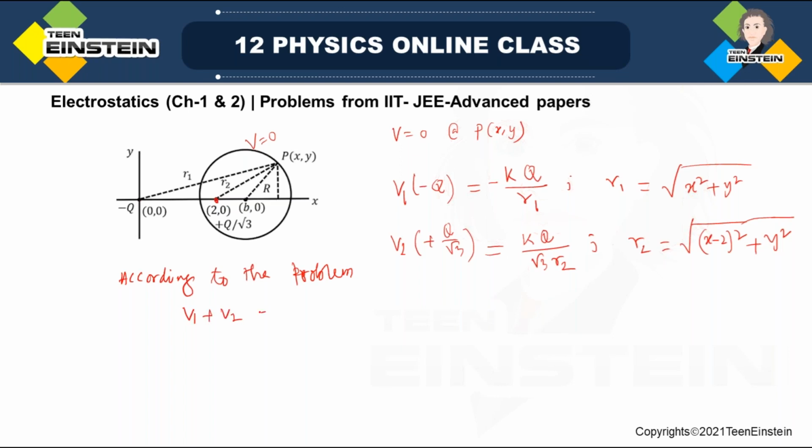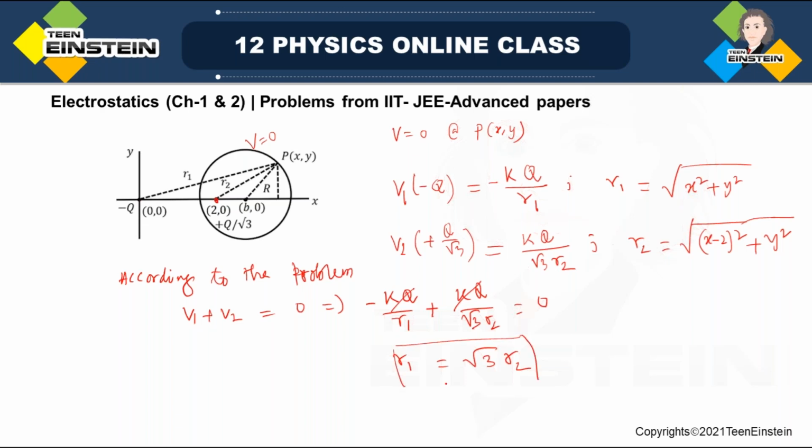According to the problem, V1 plus V2 will be 0, which implies that minus kq by R1 plus kq by root 3 R2 is equal to 0, which again implies, this kq will anyway get cancelled, so in the numerator there will be 1 for both of them if I take them on either side, and we will get R1 is equal to root 3 R2.